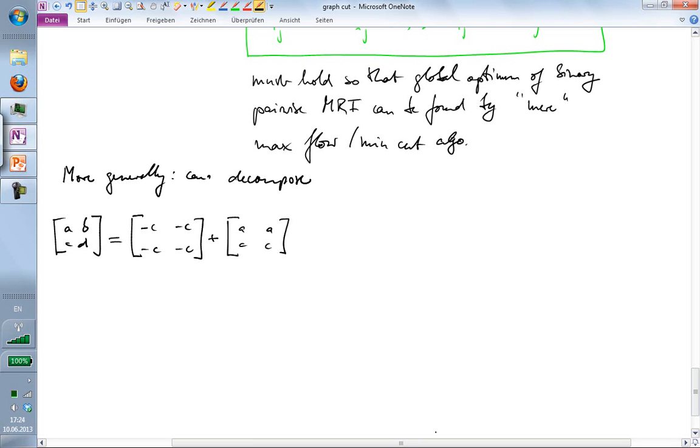So I'm replicating here the first column, and then I'm replicating the first or the second row.